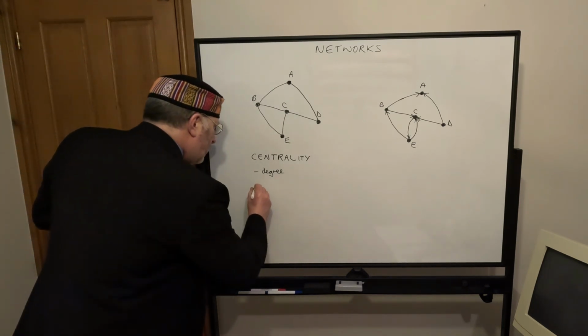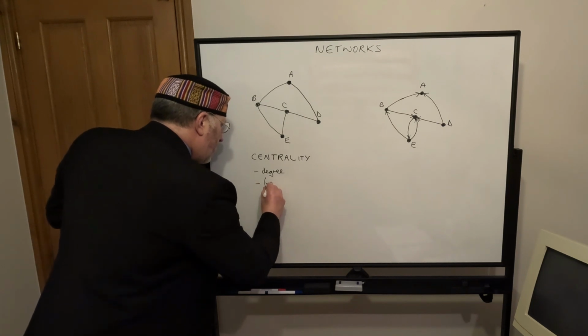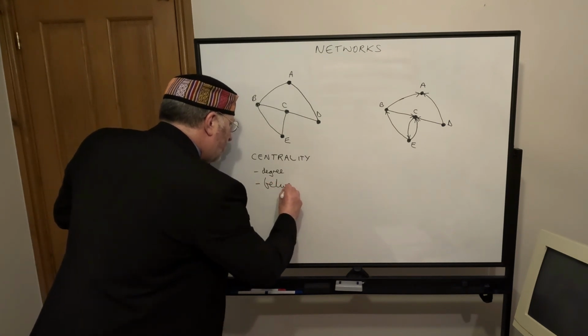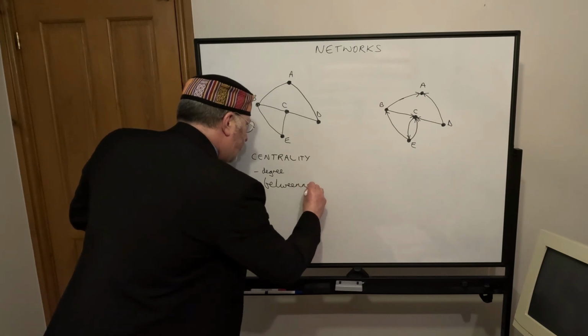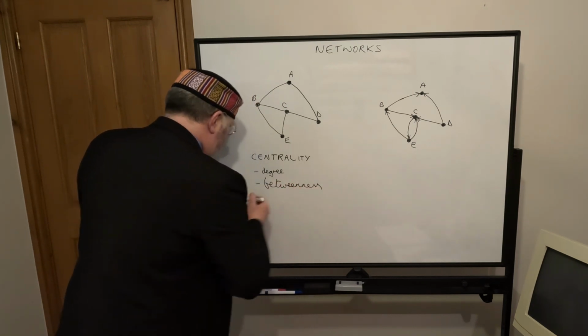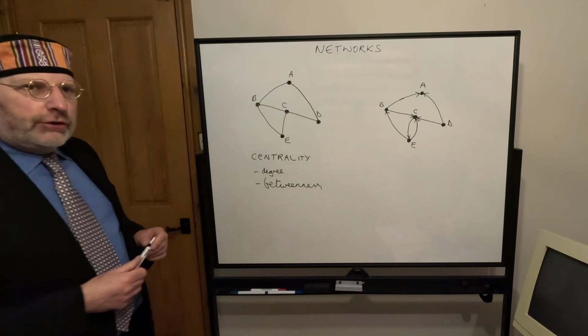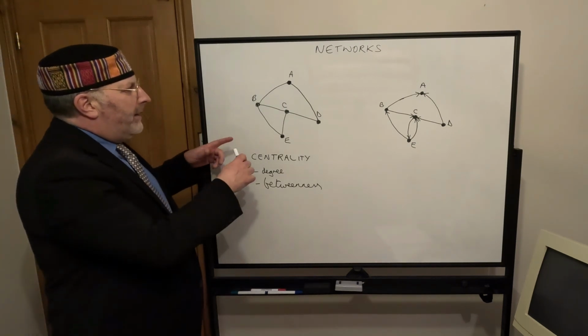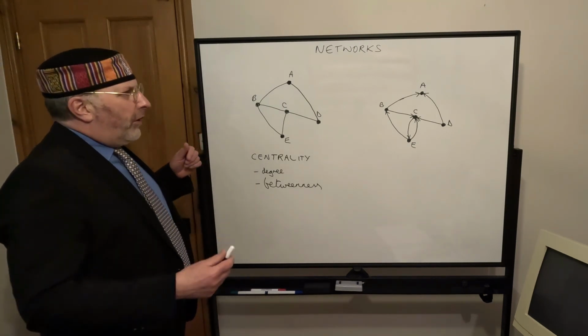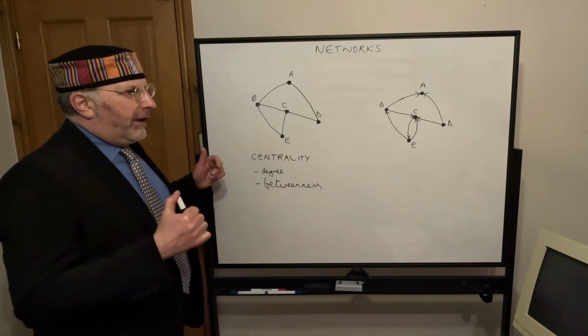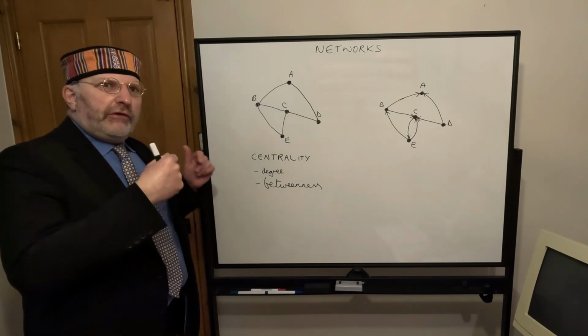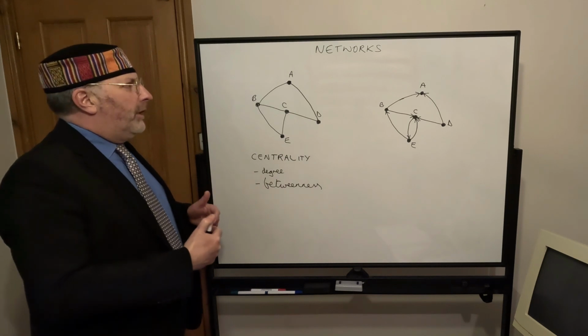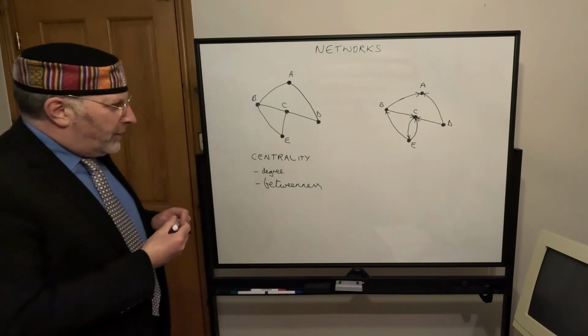Another measure of centrality is betweenness. How much do the nodes lie between other nodes? That's really the same as asking how many of the shortest paths in the network go through each node.